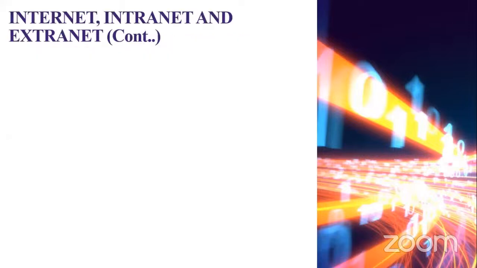The next one we are going to discuss is intranet. Internet, intranet, and extranet: these three terminologies are very important. What do you mean by intranet? Can someone say? Private LAN. Private LAN, okay, nice.